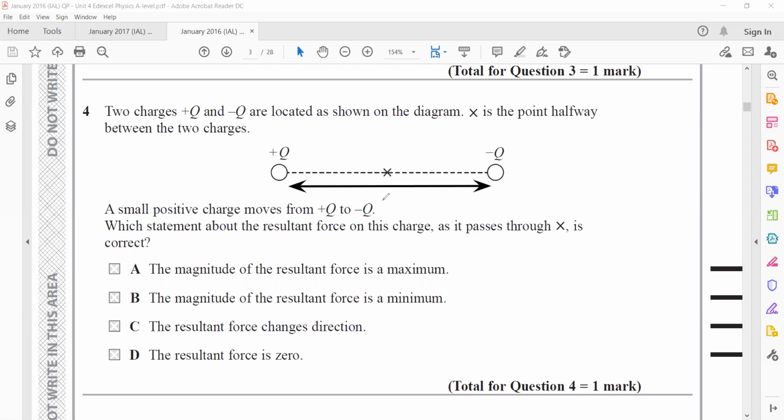a distance, say 1 meter, and you place a positive charge at 0.25, at this point, or you place it at this point.